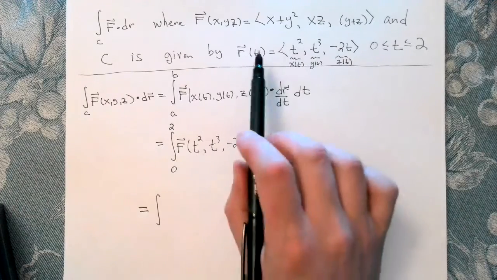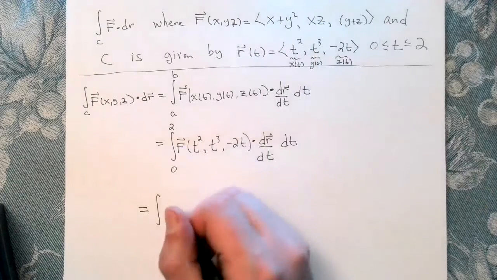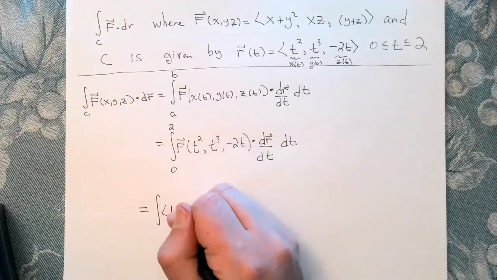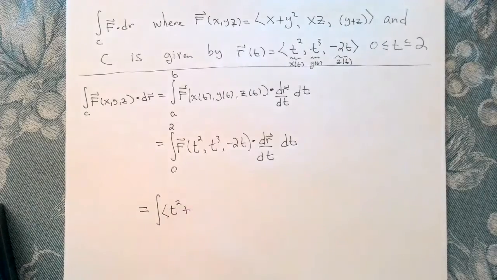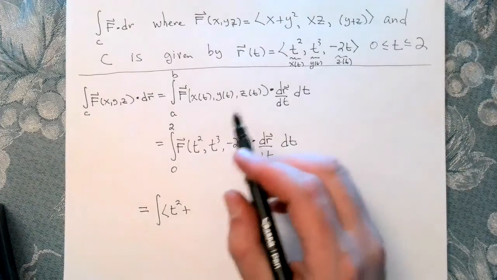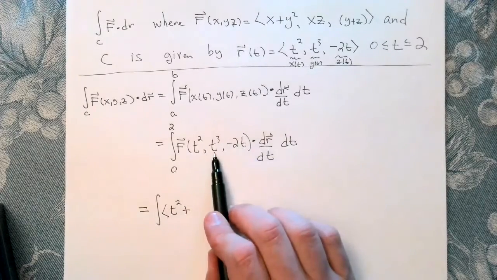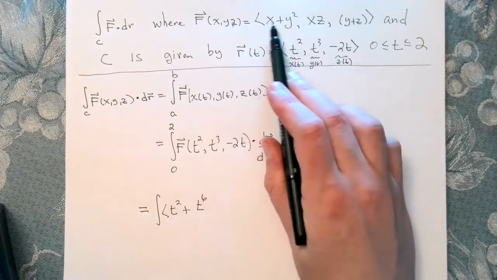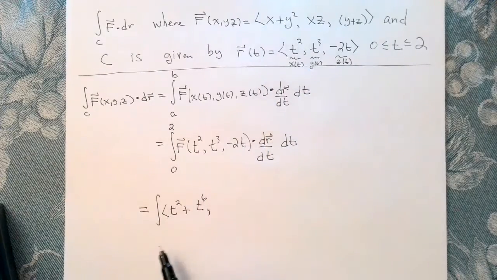Okay, so just evaluating the vector field here gives us the following. So we need x plus y squared. If I take t cubed and square it, that's t to the 6. So that's x plus y squared, and that goes here.